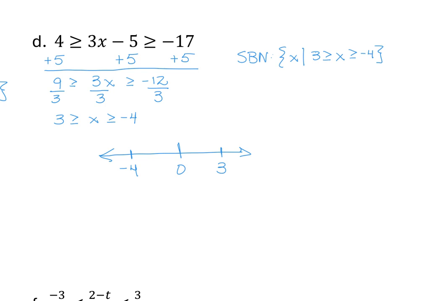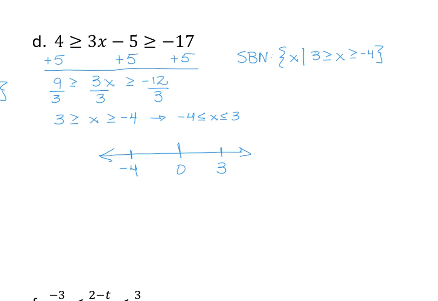So if we put this in the correct order, you can always rewrite this from left to right. So we can rearrange this. We can say -4, I want my crocodile mouth opening towards my x, and then I want my crocodile mouth opening towards the 3.